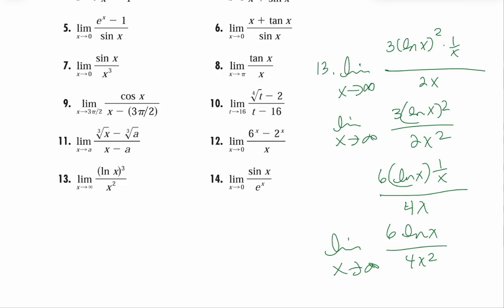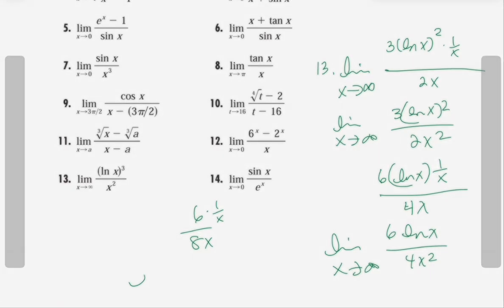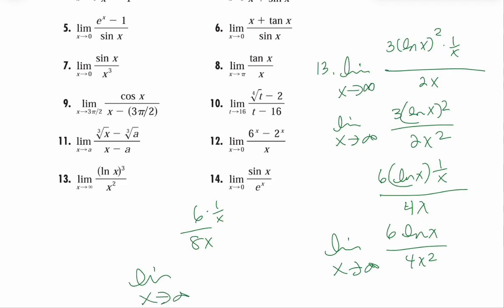But this time we get, finally, the natural log disappears from our problem. We get 6 times 1 over x over 8x, which is 6 over 8x squared.